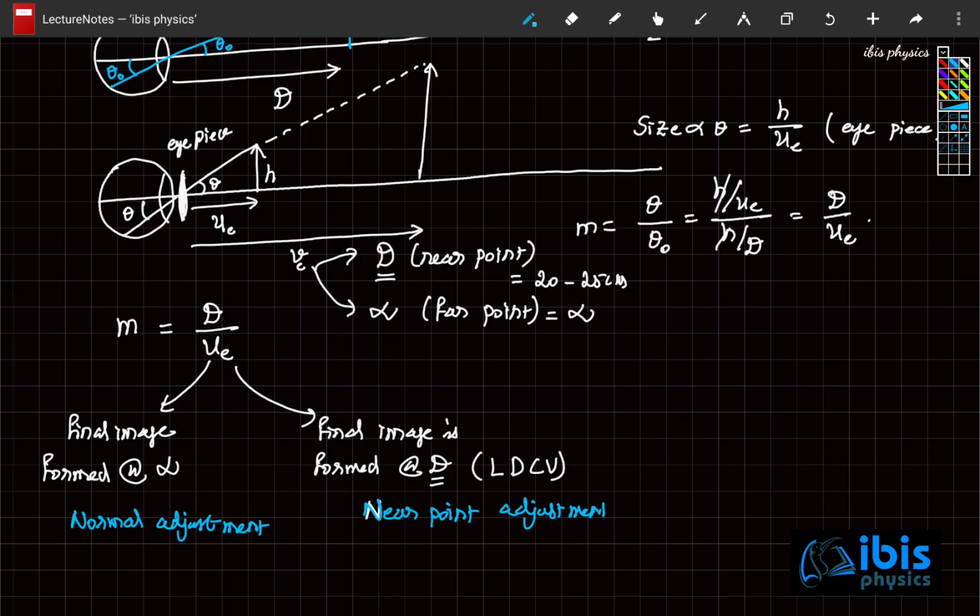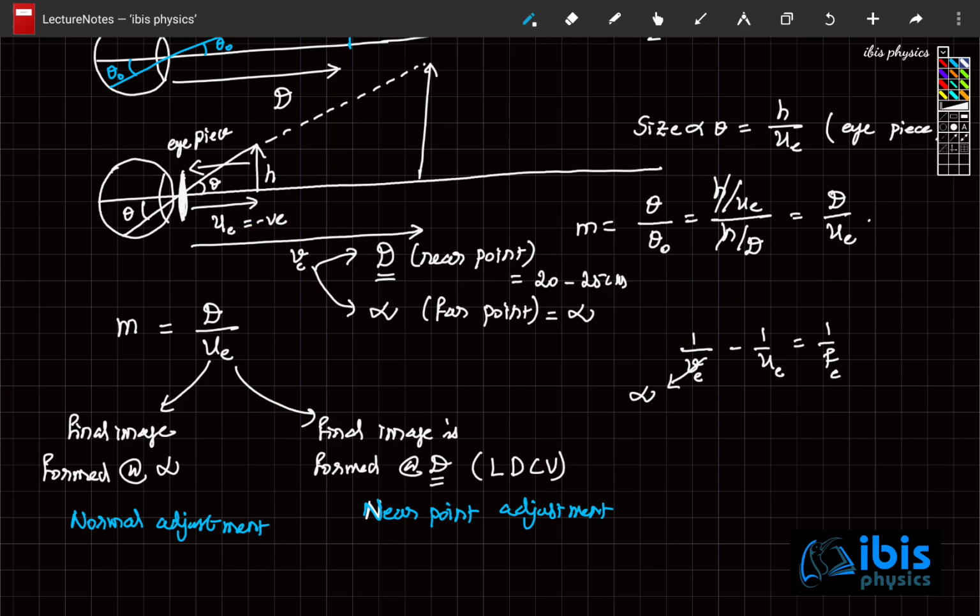Suppose the final image is to be formed at infinity. Let me take the case of a lens: 1 by V minus 1 by U equal to 1 by F. U is the distance in front of the lens, so it is UE, the final image is VE, and this is the eyepiece focal length FE. All light is coming from the object to the eye in this direction, but you have to measure the distance from the lens to the object, so UE is actually always negative.